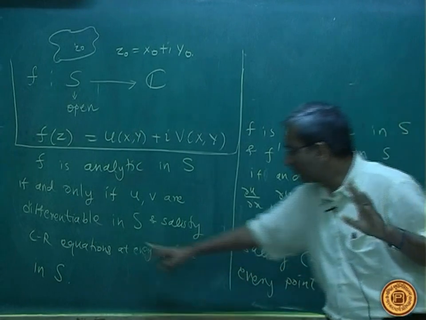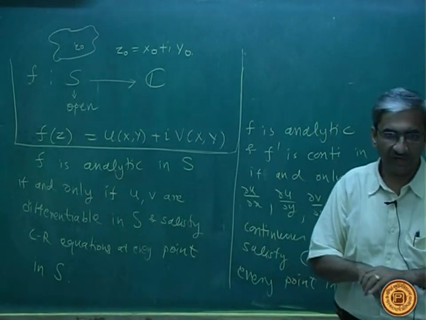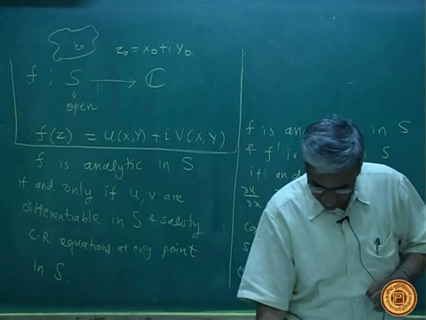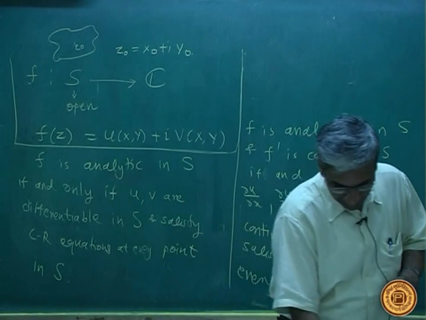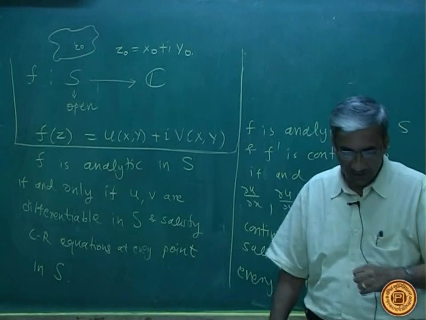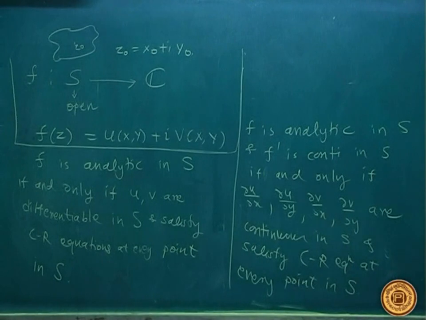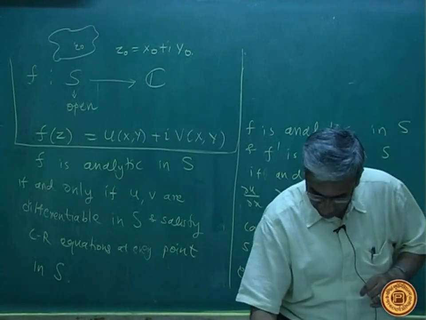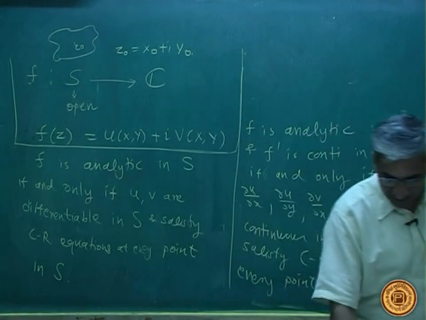So this itself will guarantee the continuity of f dash. Okay. All right. So in this connection, whatever happens at a point, I have given in the bracket.